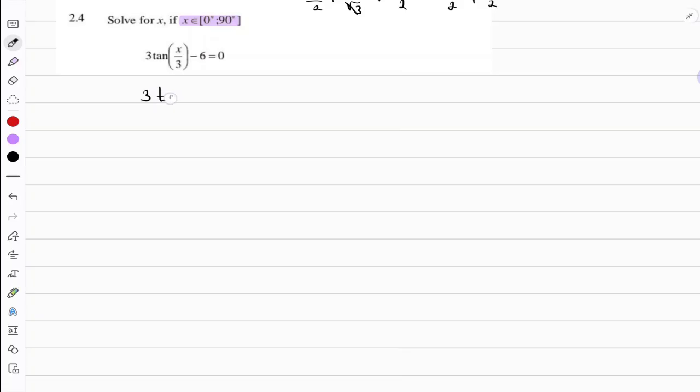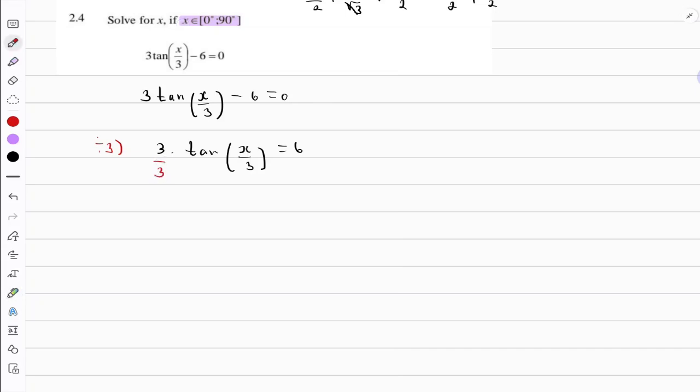So we must bear that in mind. 3 tan of x over 3 minus 6 is equal to 0. So then 3 tan of x over 3 should be equal to 6. So we can divide throughout by 3. We do so because we want to eliminate this 3 here.